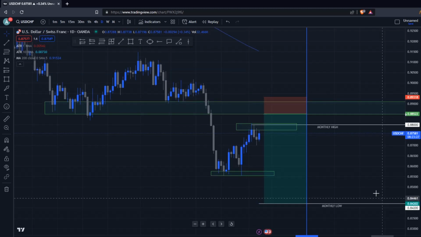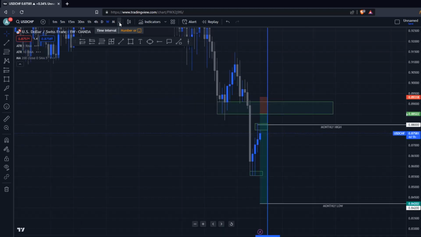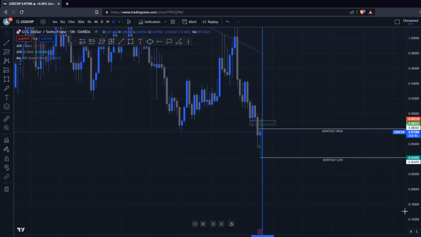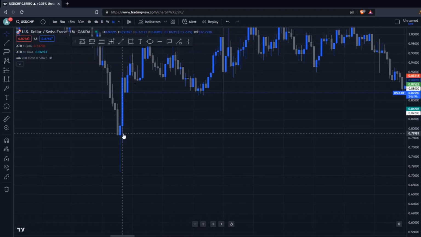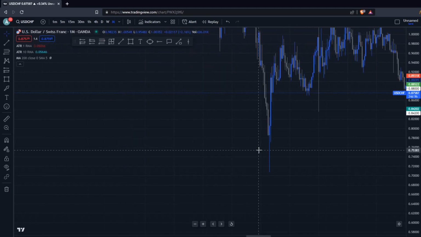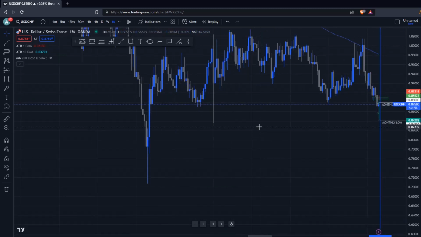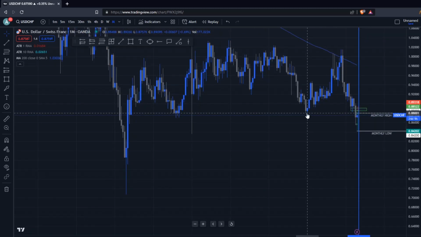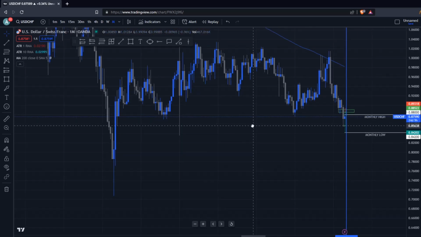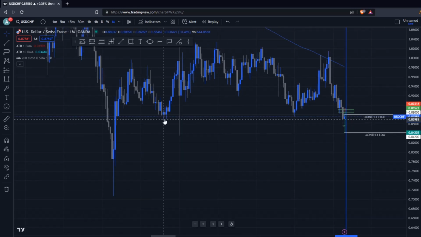It is getting pretty cheap though, like 84.2 for USD Swiss is very low. I don't remember it ever being this low, one time back in August 2011. So I guess right here too. So okay, a couple times in history, here and here, it's been around this price, but other than that, not often.